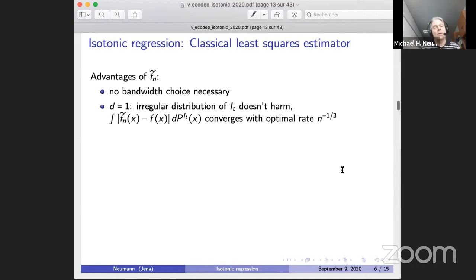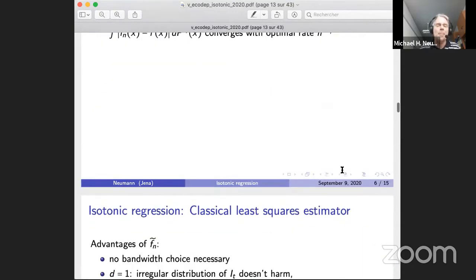So in dimension 1, it is also well known that even an irregular distribution of the explanatory variables, of the information variables, doesn't harm, and we get the rate of convergence, as the sample size n tends to infinity, of n to the power minus 1/3, which is actually the optimal one in this case.